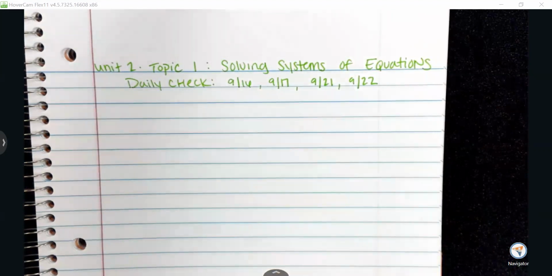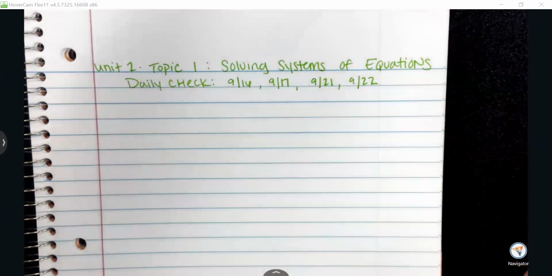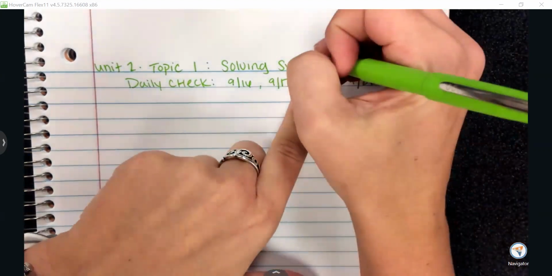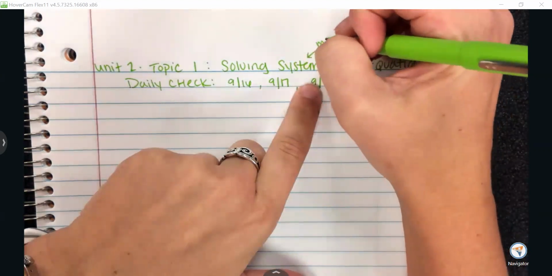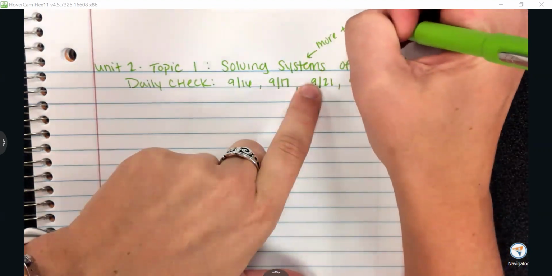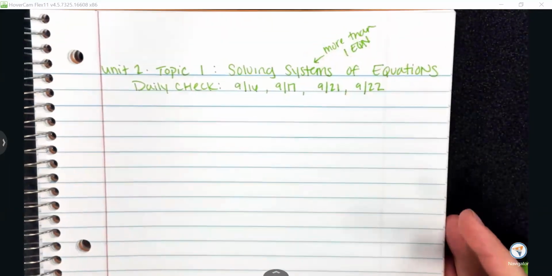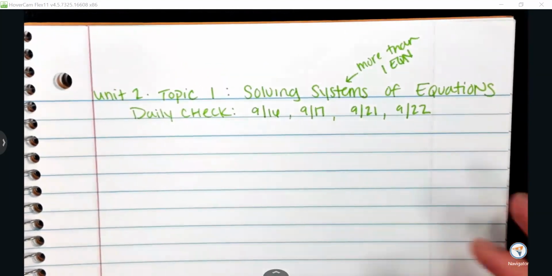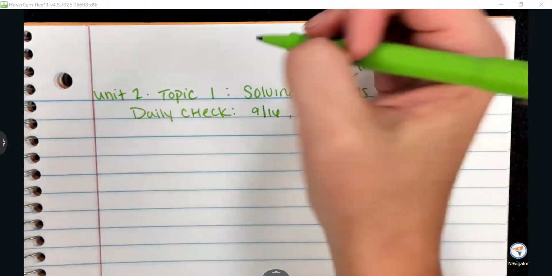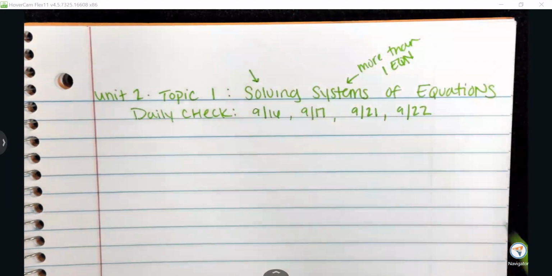So today we are going to learn 2 different ways to solve a system of equations. System means that I have more than one equation. Solving, that means I have numbers.